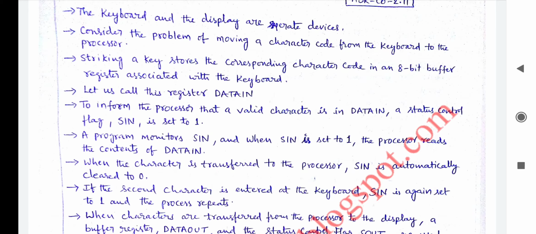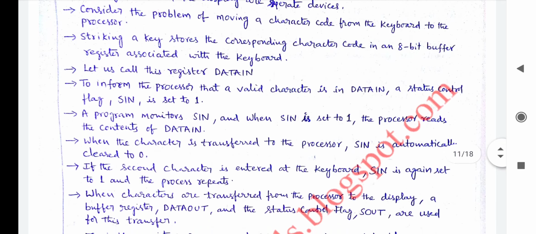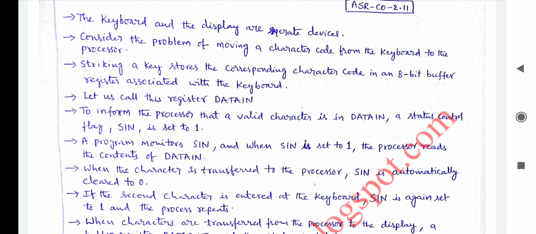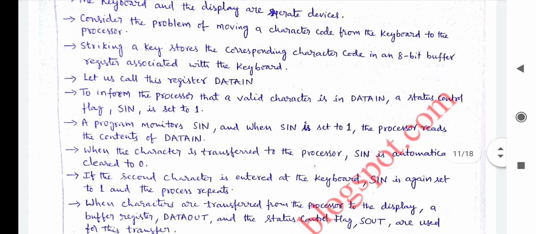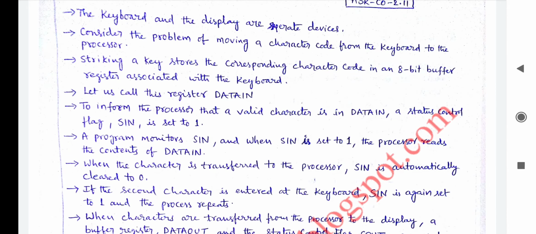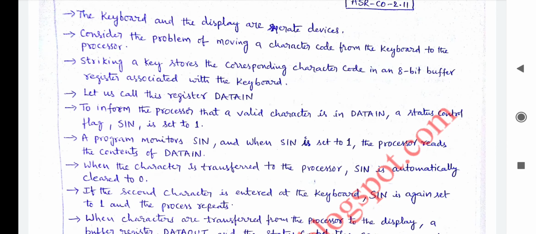Striking a key stores the corresponding character code in an 8-bit buffer register associated with the keyboard. This explains how pressing a key on the keyboard makes that key reach the processor. Each character has its own code, the 8-bit ASCII code.